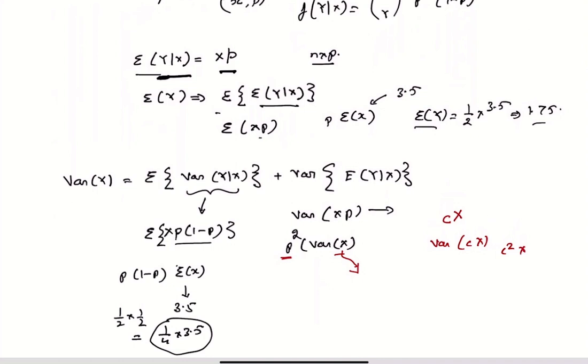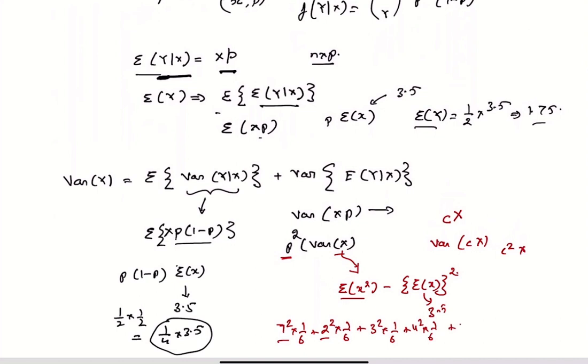Now the variance of x, you have to calculate from the rolling of a die. That is the expected value of x square minus the square of the expected value of x, which we know is 3.5. The expected value of x square would be calculated as 1 square times 1 by 6, plus 2 square times 1 by 6, plus 3 square times 1 by 6, plus 4 square times 1 by 6, plus 5 square times 1 by 6, plus 6 square times 1 by 6.